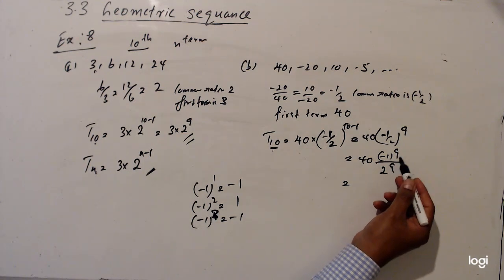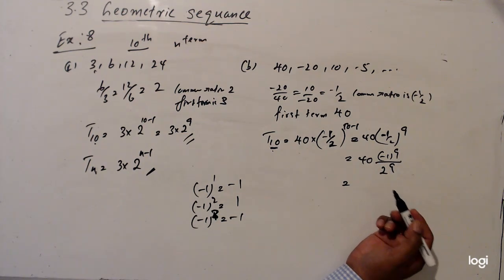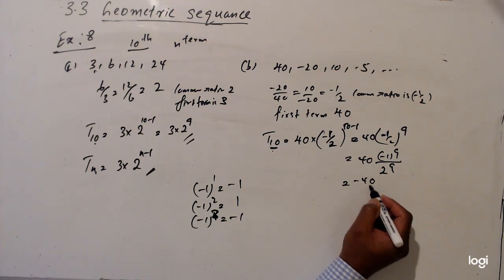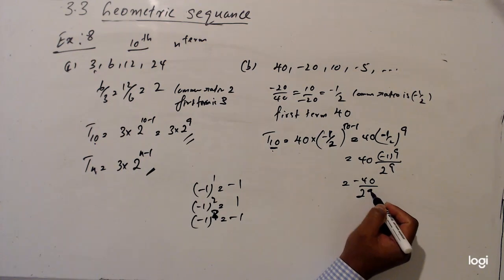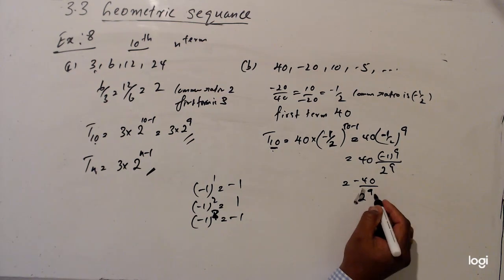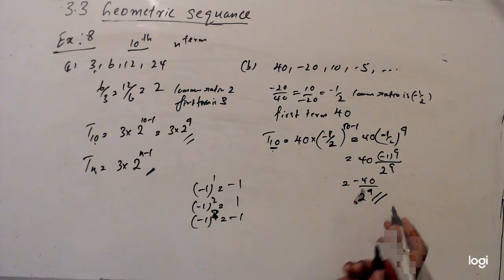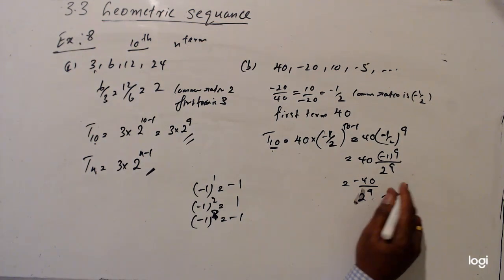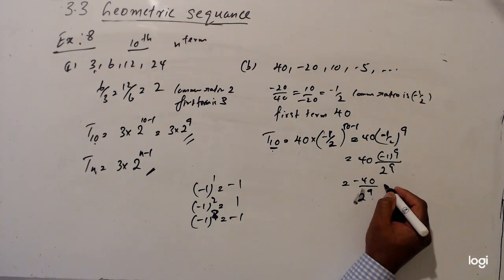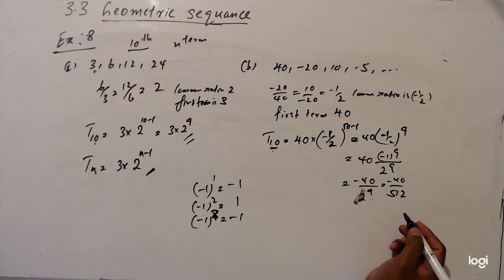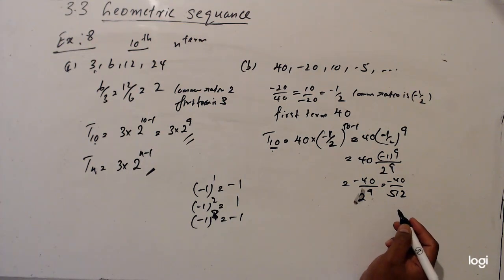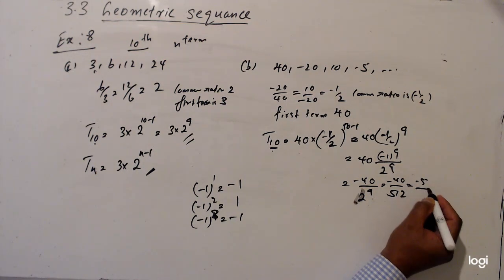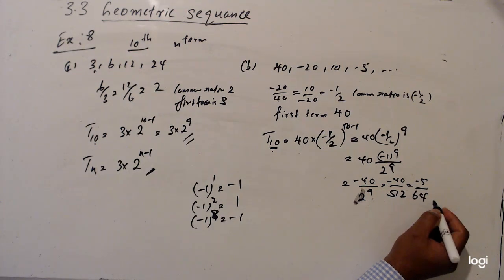So minus 1 to the power 9 is negative. Then we can write minus 40 over 2 to the power 9. On the book I can see 2 to the power 9 is 512, and then we can simplify this to minus 5 over 64.